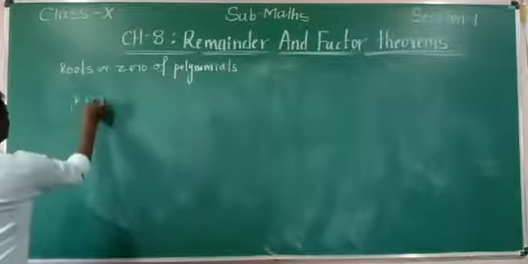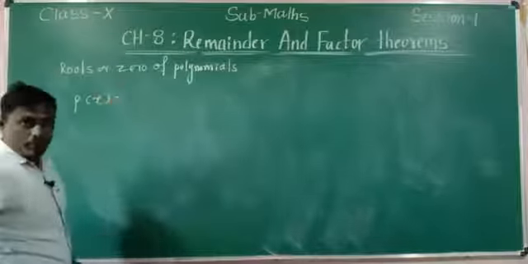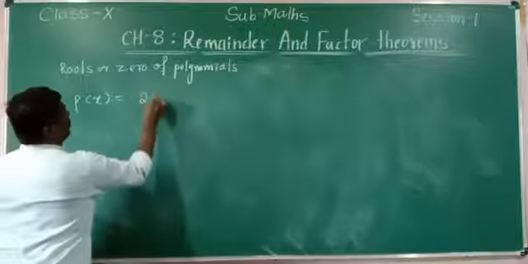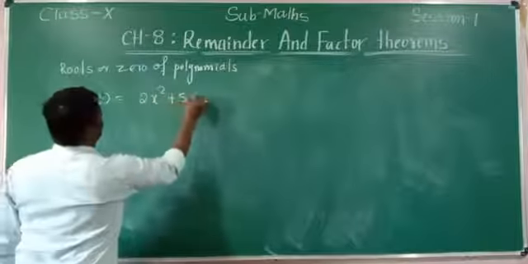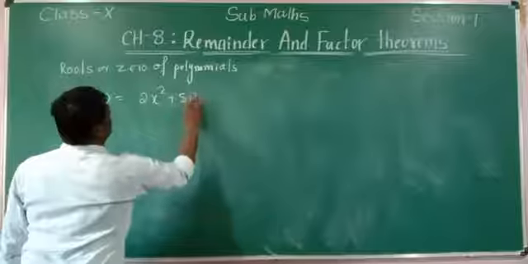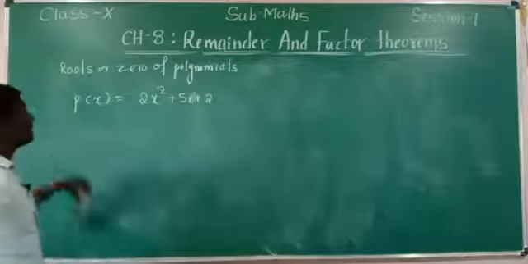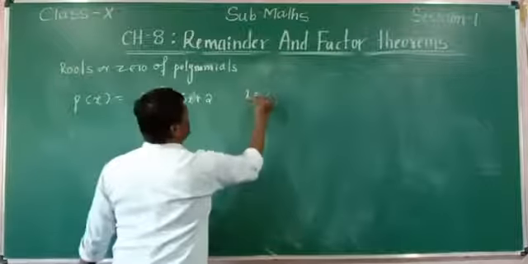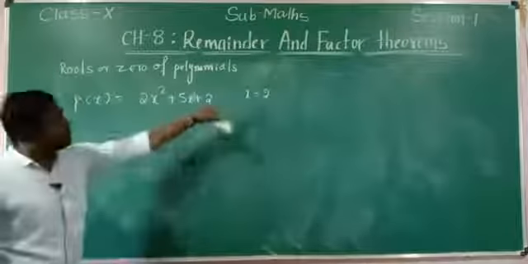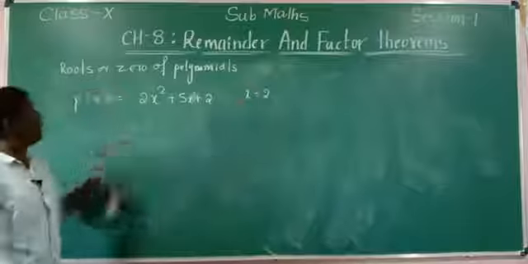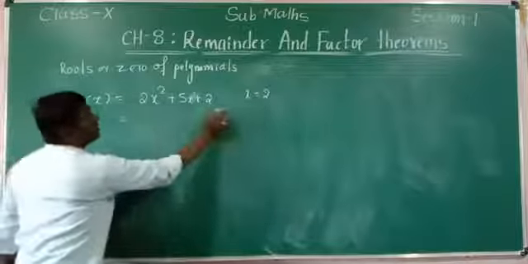Here I am taking p of x as one polynomial, 2x square plus 5x plus 2. If I take x as equal to 2, by substituting the value of x in the expression, I will get the result of this expression.